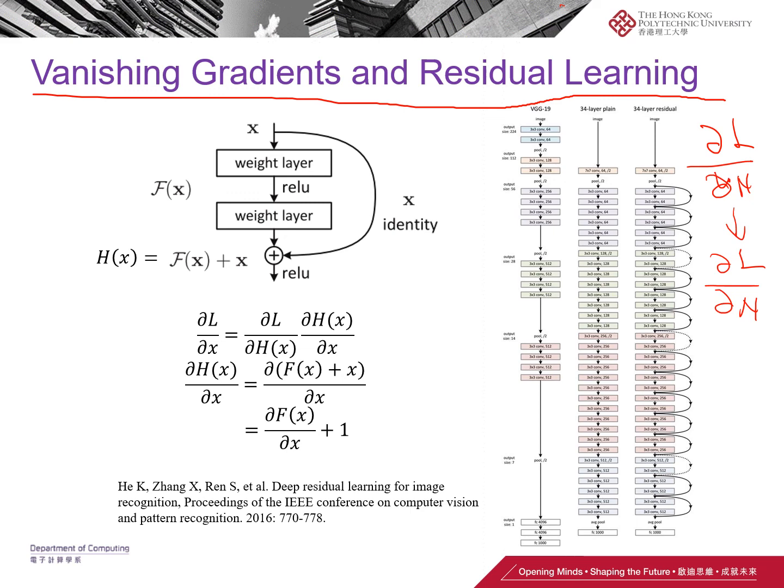In case at the very beginning the partial derivative is a really small value, like 0.0000x, by multiplying this value many times, it will approach 0.